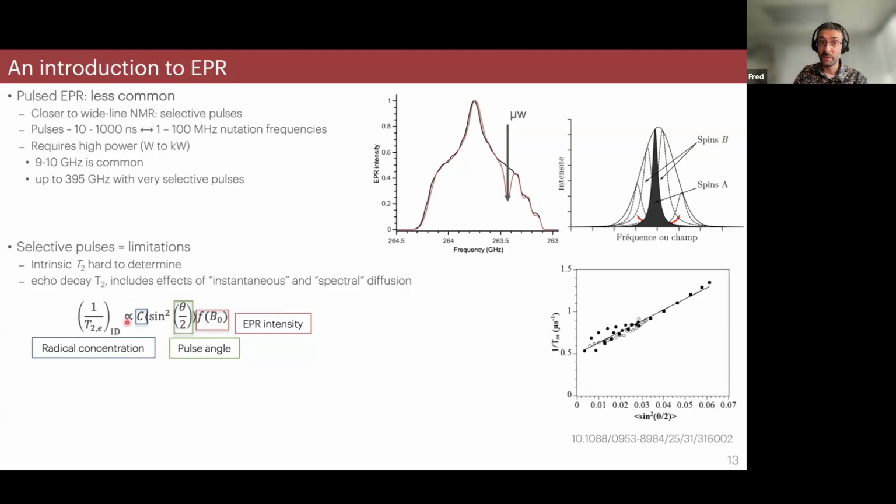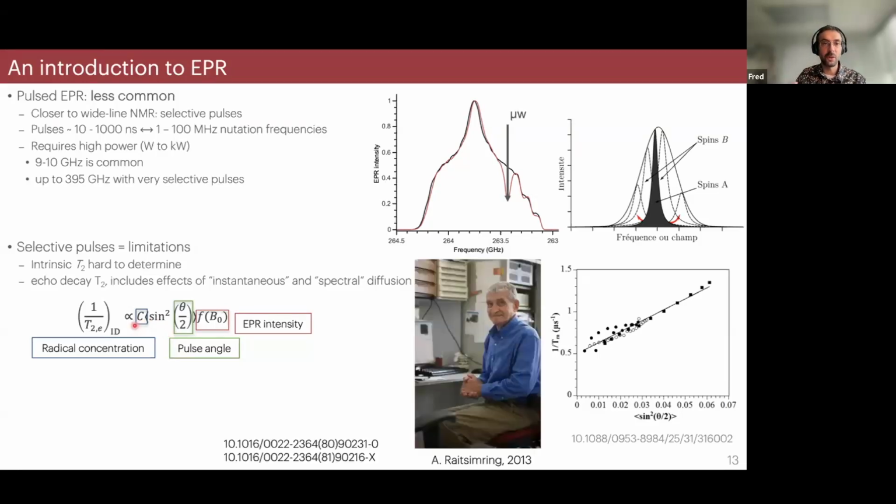But a good aspect is that you can also extract the concentration by changing one of those factors and then being able to have a direct quantification of your radical concentration. There's a lot of work about this. I'm mentioning here Arnold Schweiger because I met him and his work has inspired me. If you're curious, you can read those two papers I'm putting here. There are, of course, many more papers.